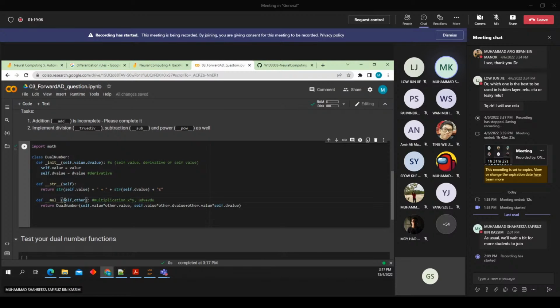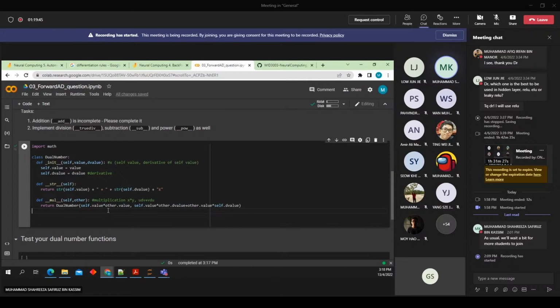What this does is it takes itself and some other value, and it does this operation. How do we define this? By returning the same class. And this line, what is this? This is just x times y.